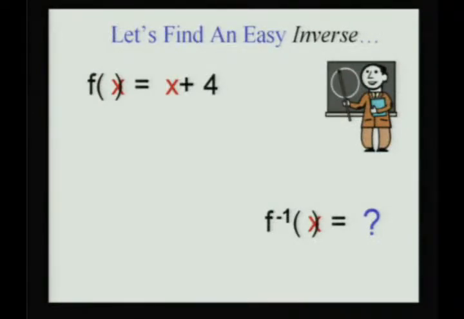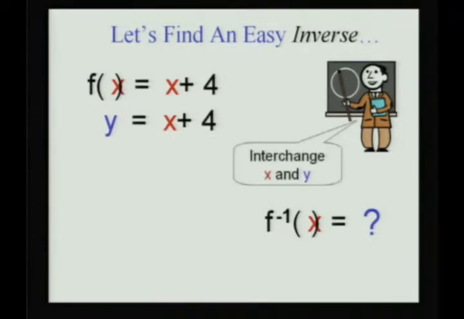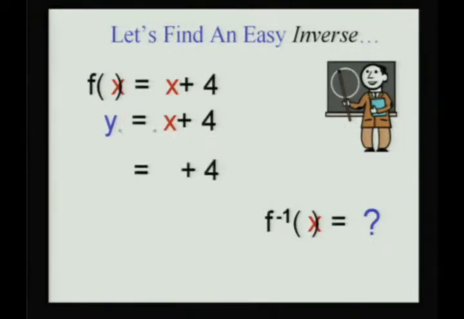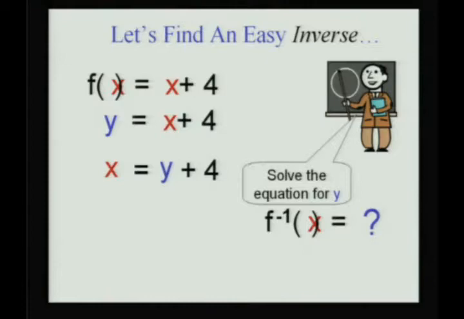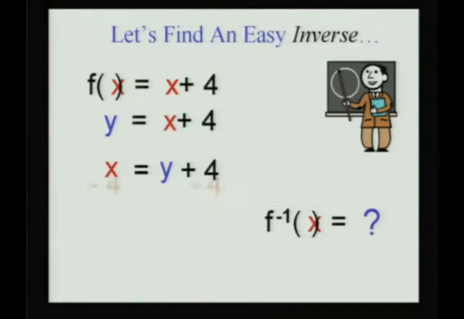In this case, f of x equals x plus 4. I'm going to replace f of x with y. Then, I'm going to interchange x and y. Then what do I do? Solve the equation for y. You should be good at that over the last 2 semesters.